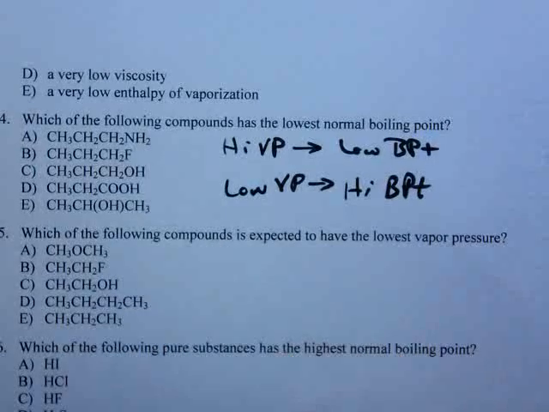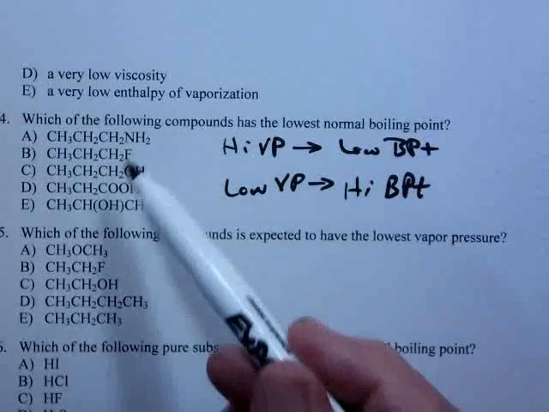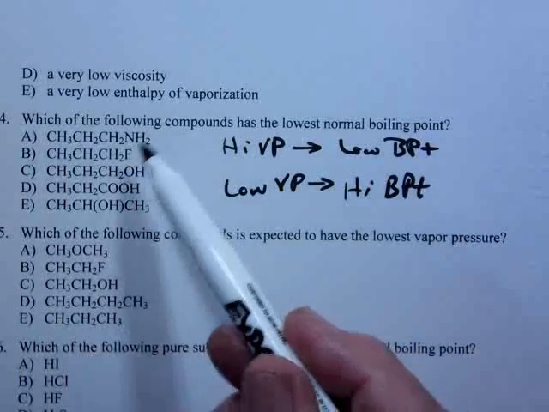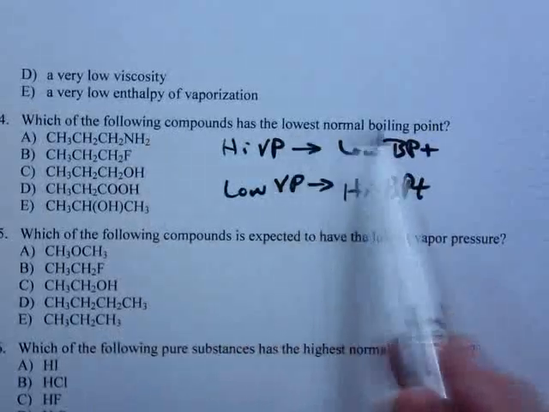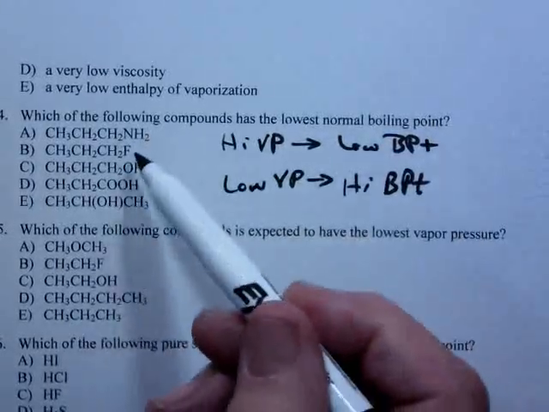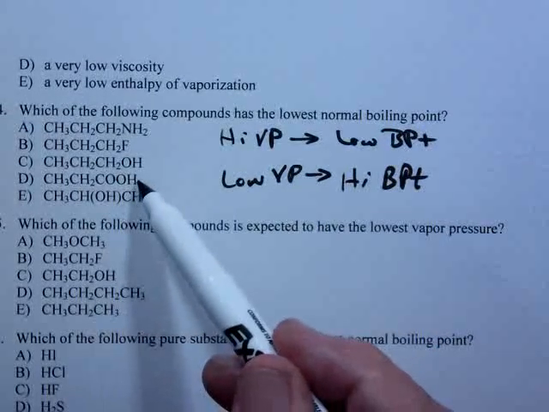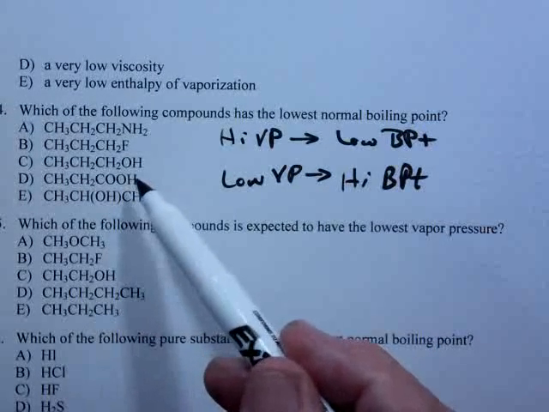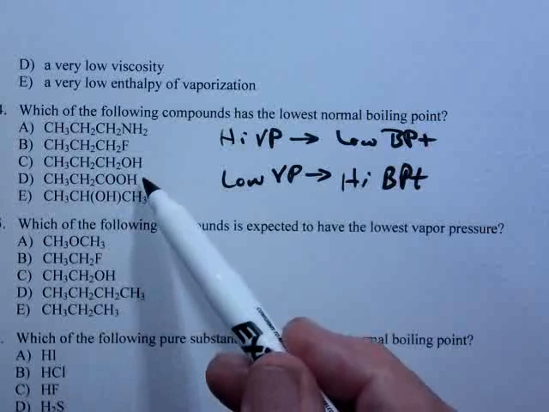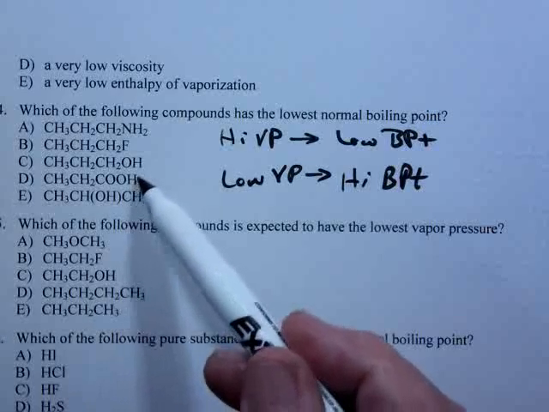Now stuff like this is a dipole-dipole. Dipole is a step down, so to speak, in electrostatic interaction than hydrogen bonding. So this would have the lowest boiling point, lower than these two here. And then here's one that's a carboxylic acid. Boy, that's got a lot of electronegative character in it. I'd say that one would demonstrate a lot of hydrogen bonding also.